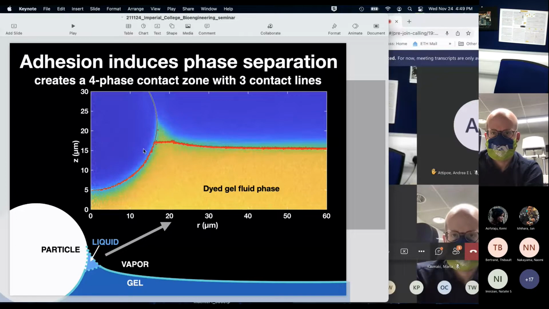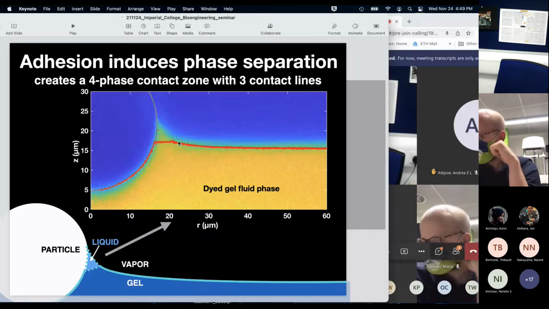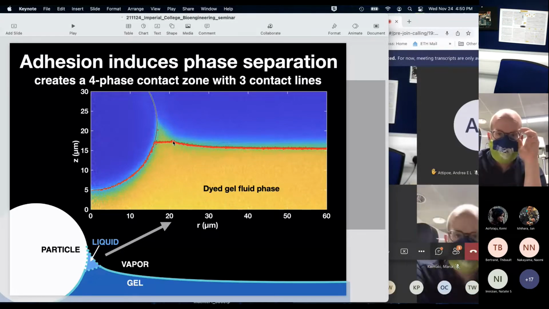In some ways it simplifies the contact zone, because you eliminate the elastic singularity, which has always been a problem for JKR and other adhesive theories, because there's not a single sharp contact line. It allows the solid to adopt a more moderate configuration, but it also complicates it in that there's fluid coming out.